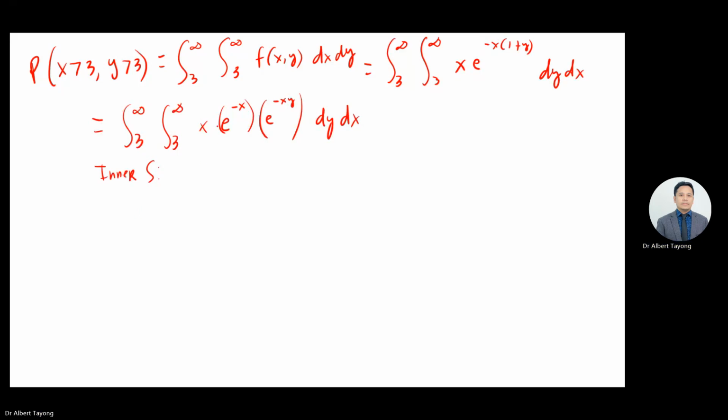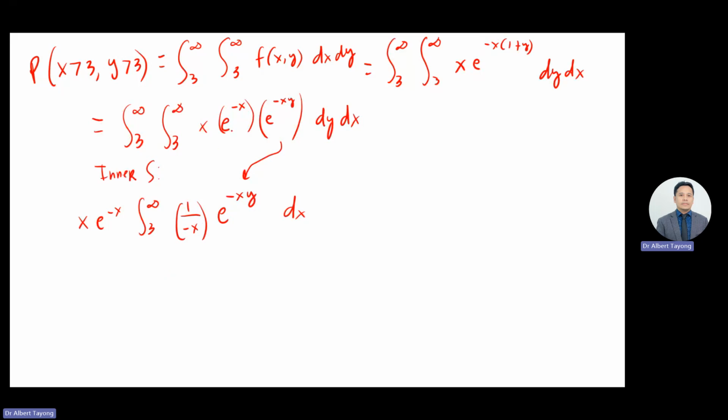So we have here 3 to infinity. We're going to put this one outside. And here we have 1 over negative x times the whole thing, e raised to the power of negative x, and then we have y. So basically, that is for this one, the integral of this. So this one, we're going to make it dx. Okay, so the dx here is for the last integral there.